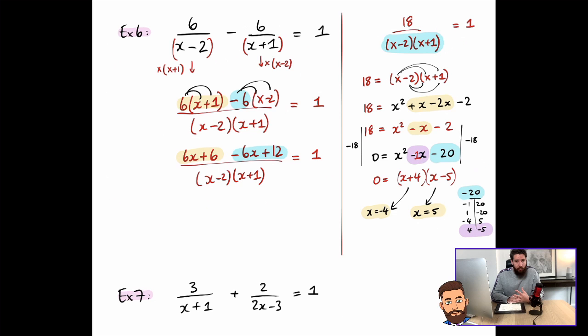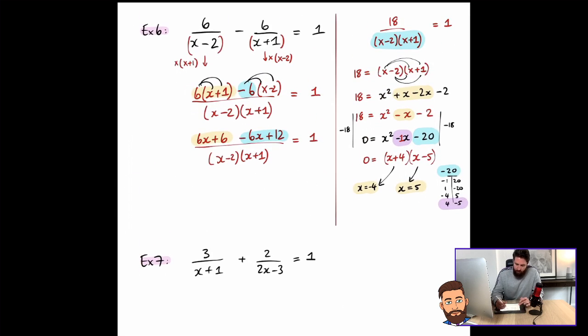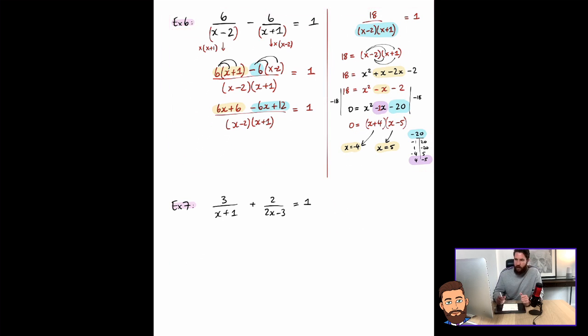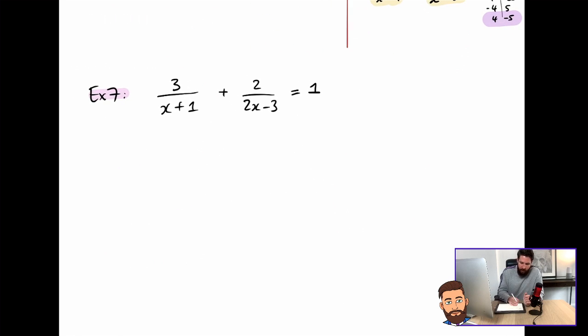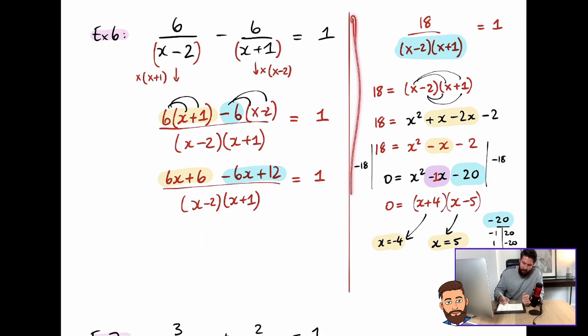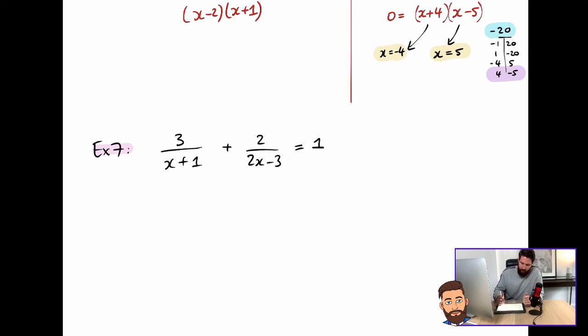If you didn't quite get every step, maybe watch it back. But what I want you to do as your task is to try and use all of my understanding and application that I've done in example 6, and I would like you to have a go at example 7. Okay, so I'd like you to try and replicate the process I did on this last example onto example 7.